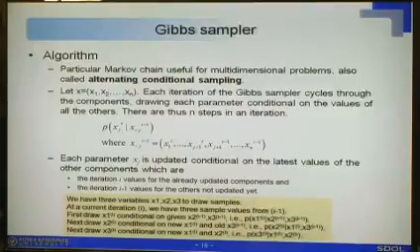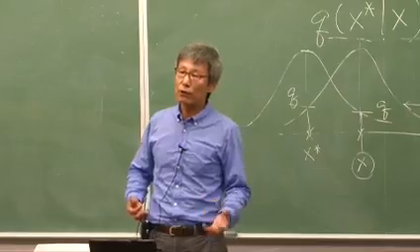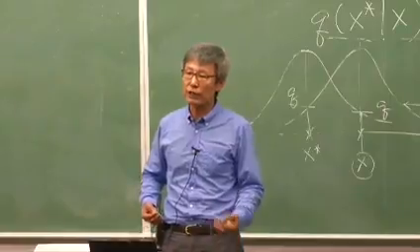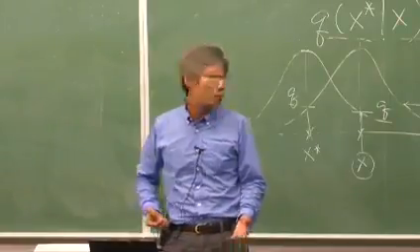Yes? What's the advantage of using that type of sample? Yeah, like what? Advantage of a Gibbs sampling. If we have a method to make samples only for the single variable, we have to use this one.